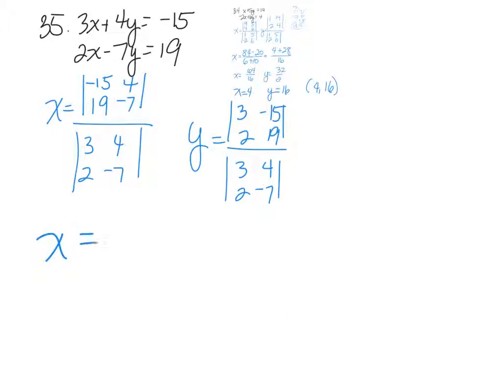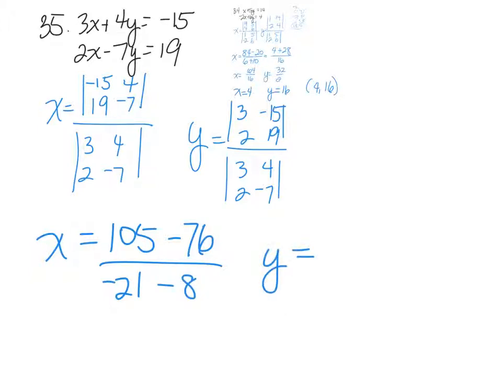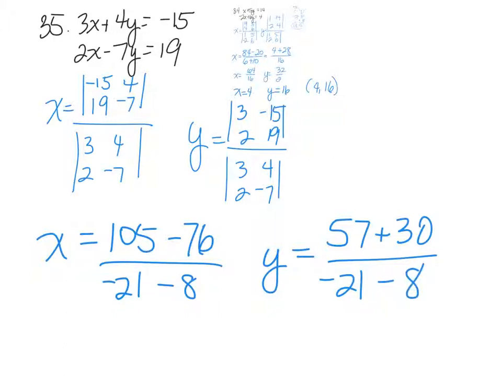For x, I've got 15 times 7 minus 19 times 4 over 3 times negative 7 minus 2 times 4. For y, 3 times 19 minus 2 times negative 15, over 3 times negative 7 minus 2 times 4.